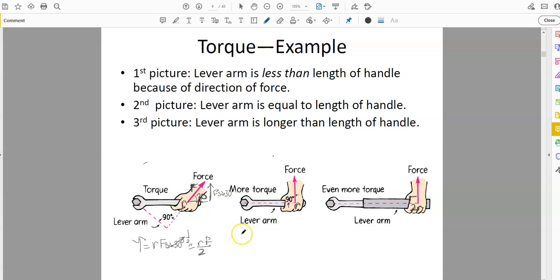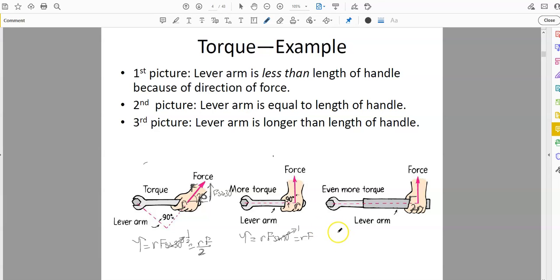Well, let's try this one. This torque is going to be the same distance R, and it's the same force F. All these have the same magnitude force F. But this is at the angle of 90 degrees. Well, sine of 90 degrees is just 1. So this is just going to be R times F, or just 1 RF if you wanted to think of it this way.